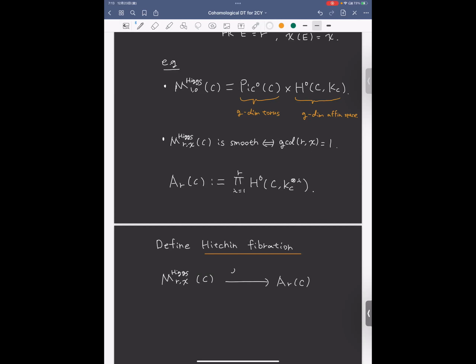And this is denoted by h_{R,chi}. And this morphism sends a Higgs bundle (E, phi) to the tuple of trace of phi, ..., trace of phi to the power R.